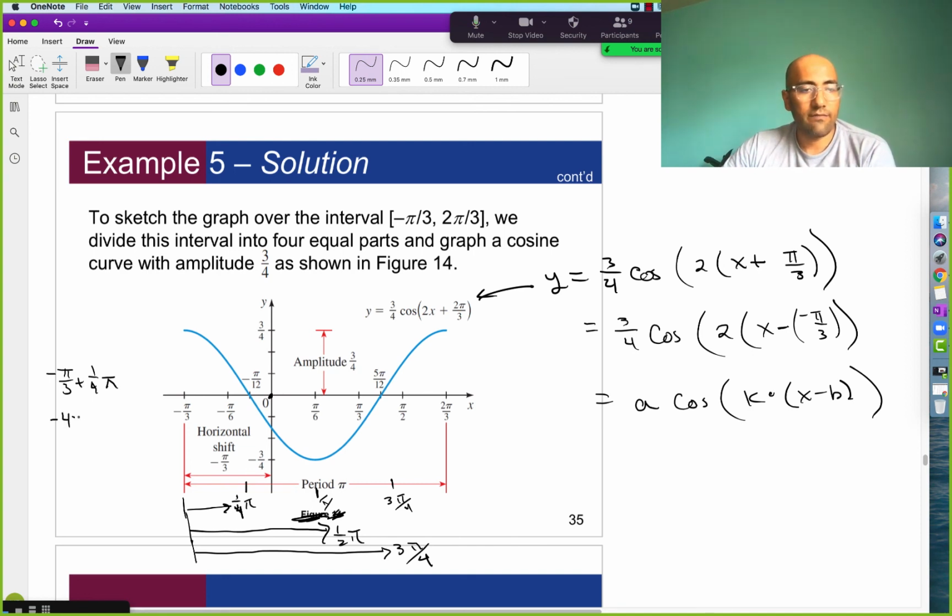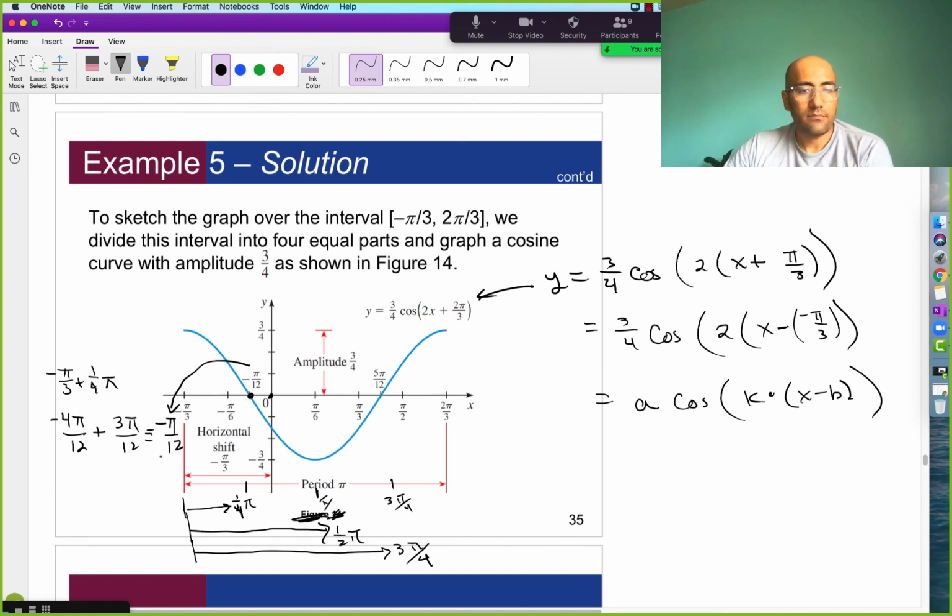So minus 4 pi over 12 plus 3 pi over 12 gets me to negative pi over 12. Negative pi over 12. And that's how they get this number. Right? That's how I know that 1/4 of the cosine period is completed. It goes through the x-axis there.